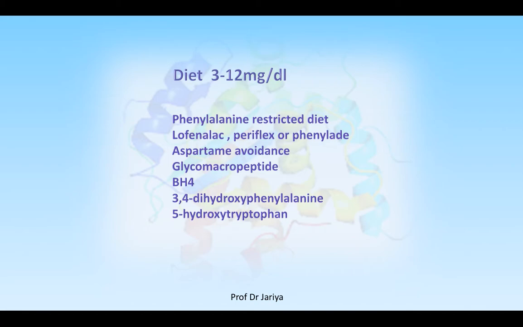Until gene therapy becomes available, the mainstay of treatment in classic PKU is a phenylalanine restricted diet to maintain levels of phenylalanine in blood between 3 to 12 milligrams per dl.